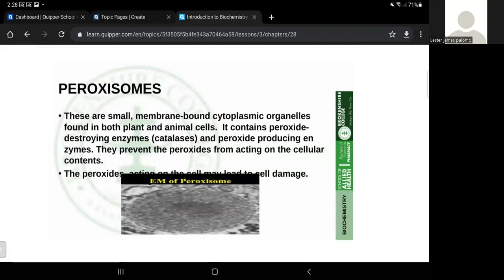If you try to buy hydrogen peroxide in the pharmacy, lesser concentration lang siya. Meron siyang volume per volume unit, no? I think it's 10% hydrogen peroxide only. Dili pwede itong concentrated. Kaya kung itong concentrated, it could really cause damage. So yan. That is the purpose of hydrogen peroxide.